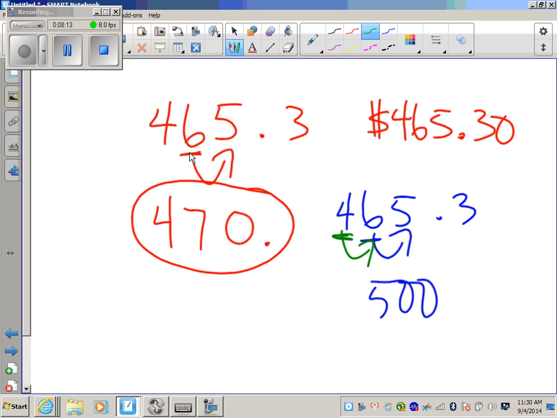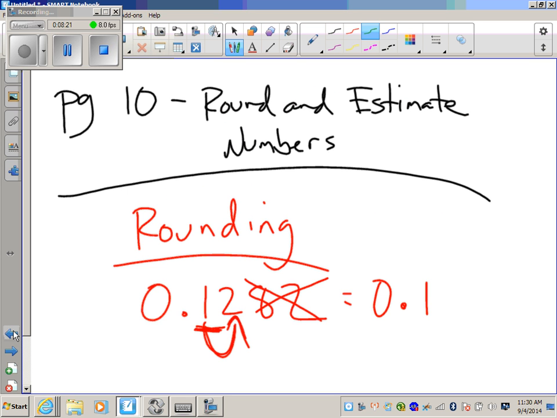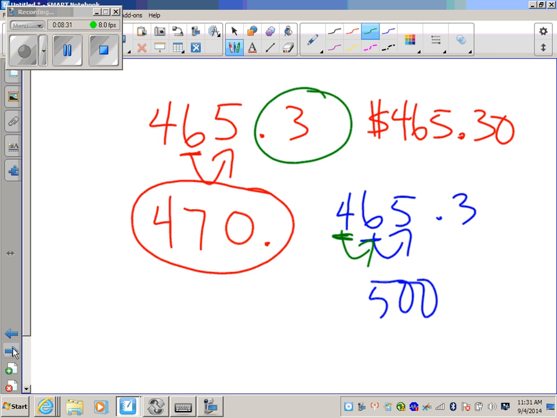Okay? I saw a lot of people attach this 0.3 to the back of it. Just like here, after we looked at the number after the place I was rounding to, everything else went bye-bye. Same thing here. After I look at this place here, everything else after it goes bye-bye, including this, which will eventually go bye-bye too.